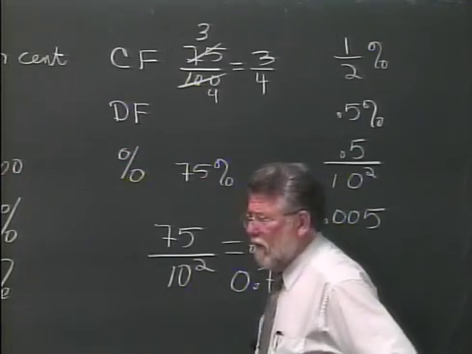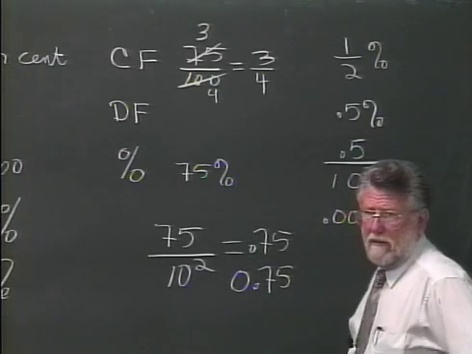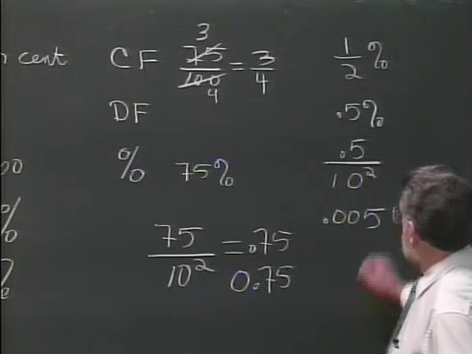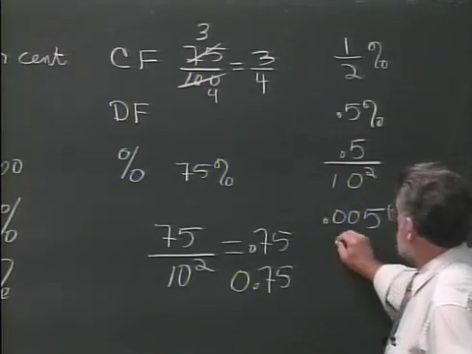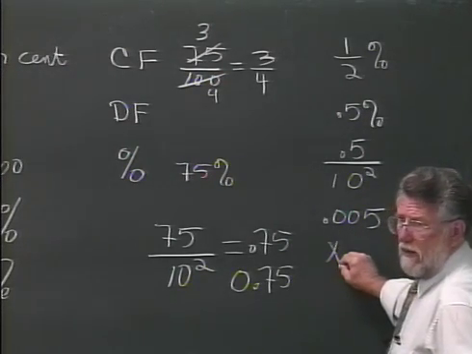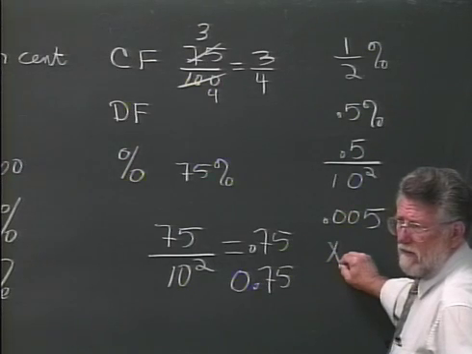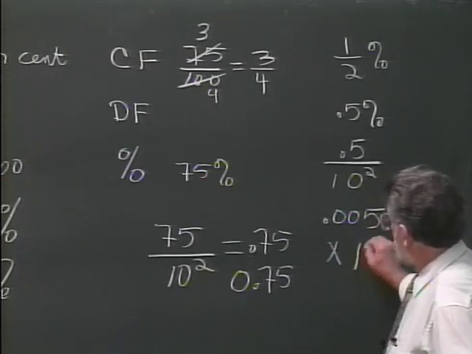Well, what I'd like to know, just for 100,000, how much would you have to pay? You multiply this by 100,000. And what is 100,000 as a power of 10? 10 to the fifth.